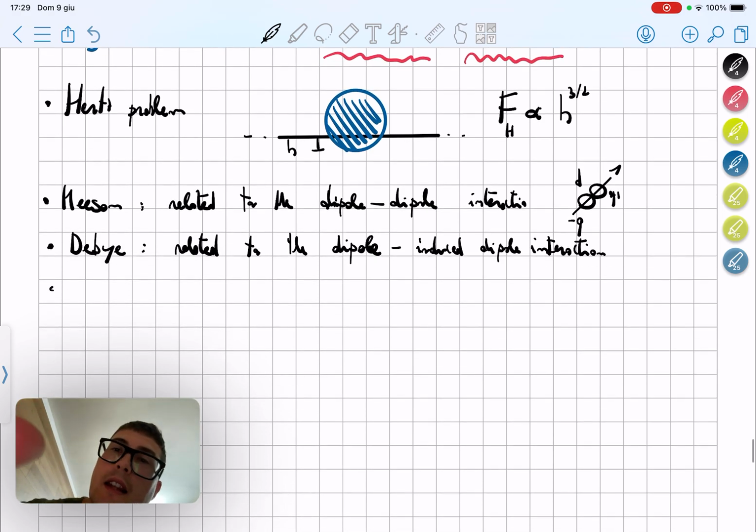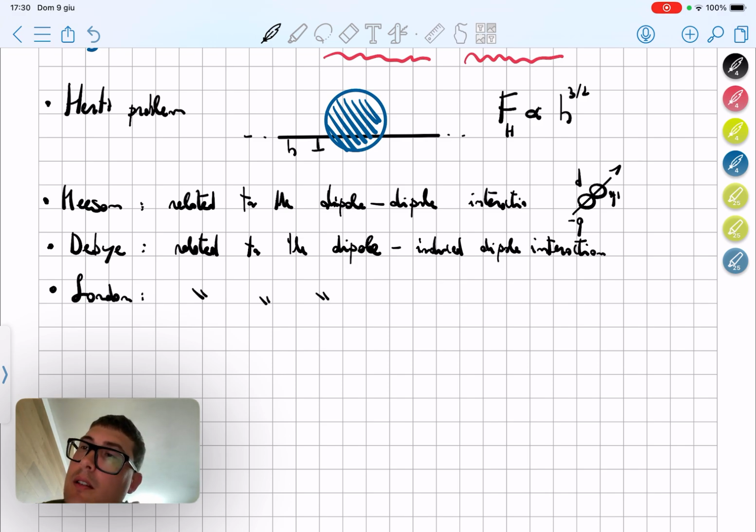And lastly, the London one, which is related to the induced dipole-induced dipole interaction.